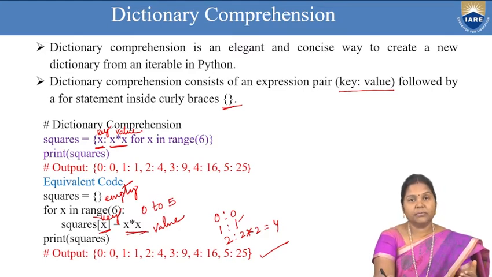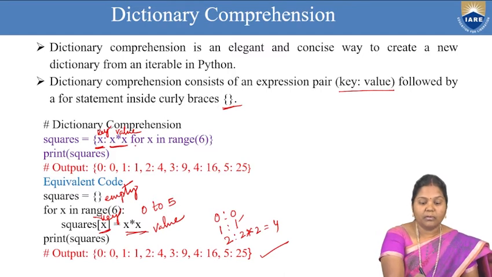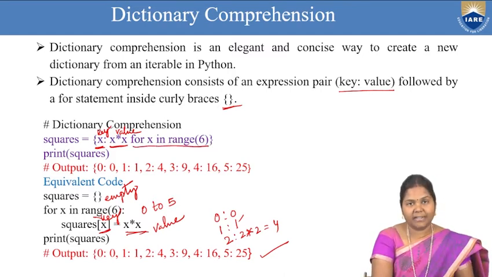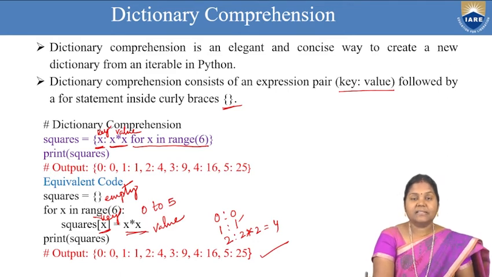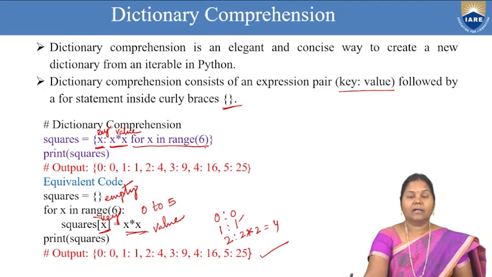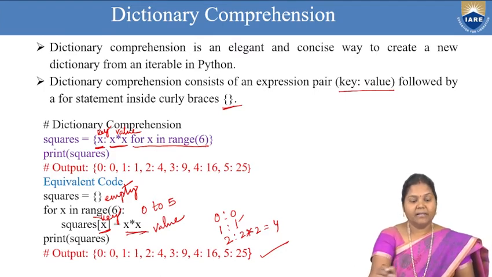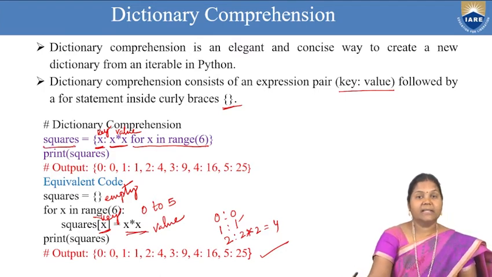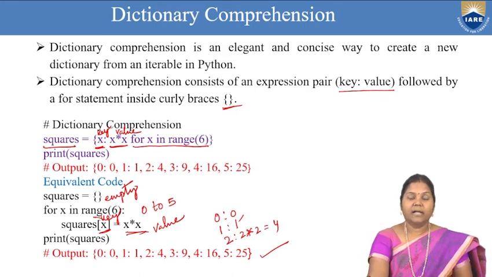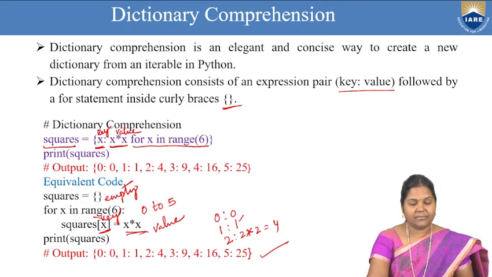So it will be x into x, which is nothing but its square, for x in range of 6. So the same for loop is written over there, just in a single line, and it is enclosed within the curly braces, and the dictionary squares is created. So this is called the dictionary comprehension mechanism.